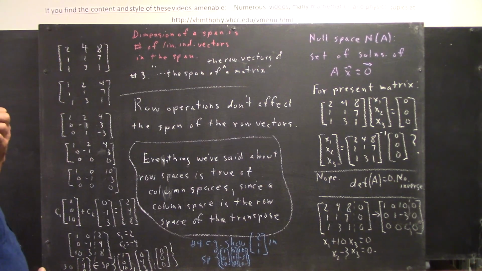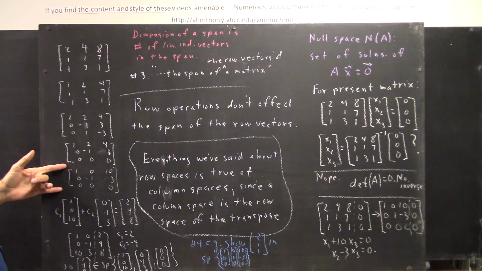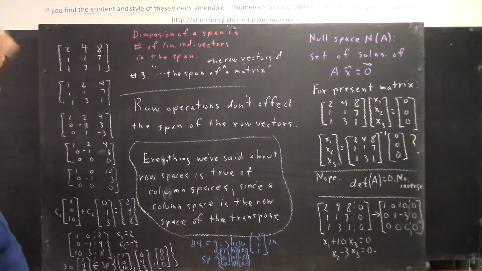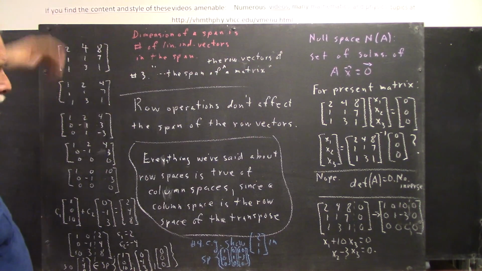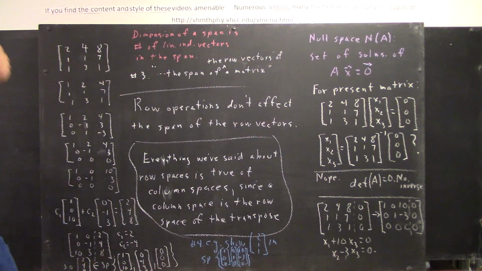So if the row vectors of your reduced matrix are the same as the row vectors of your original matrix, well, then the column vectors of the reduced matrix have to span the same space as the column vectors of your original.